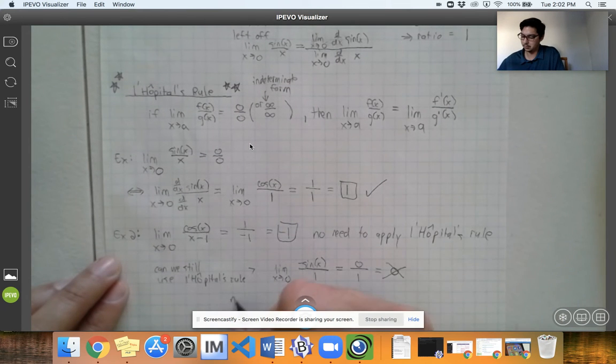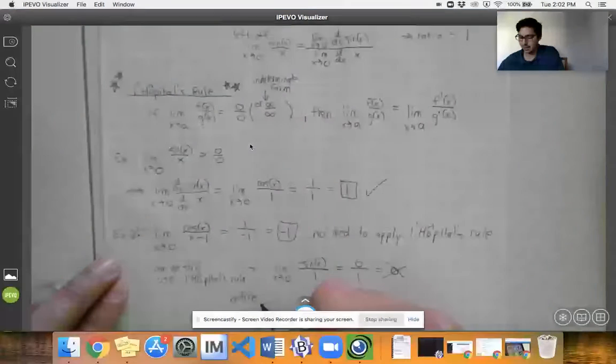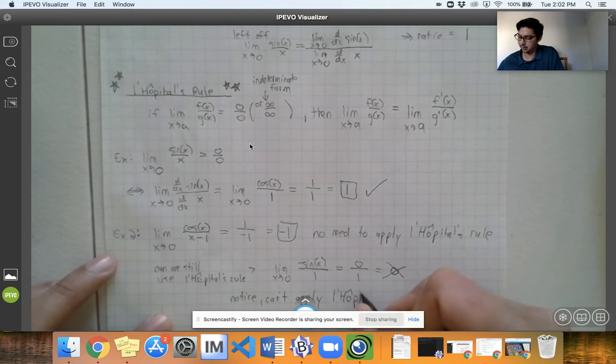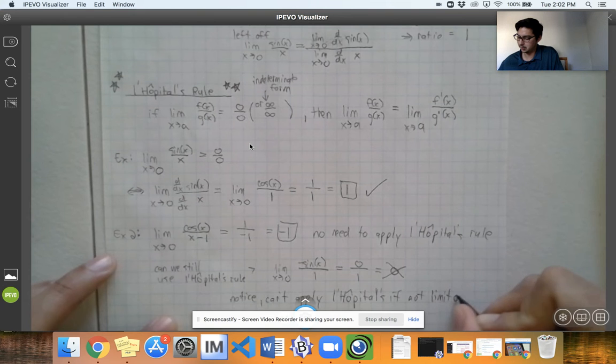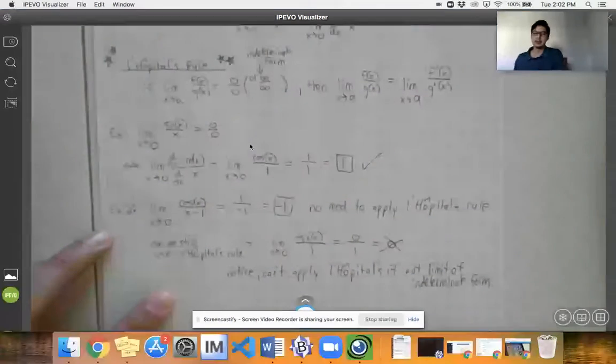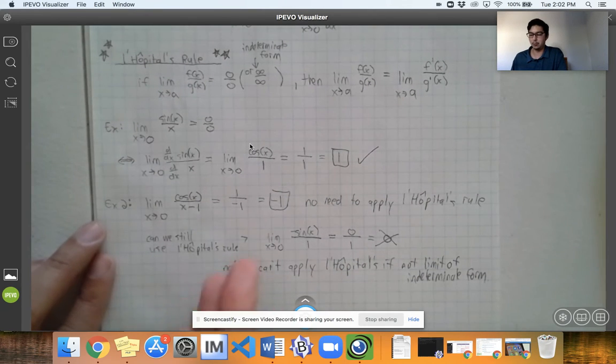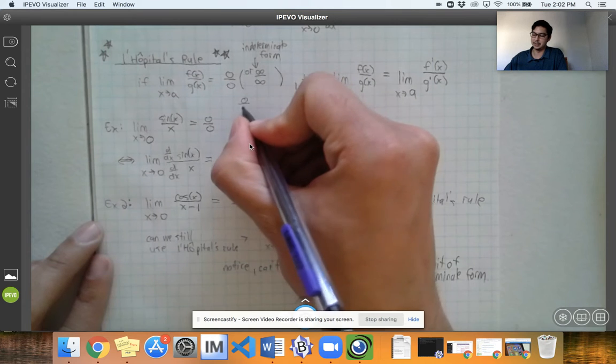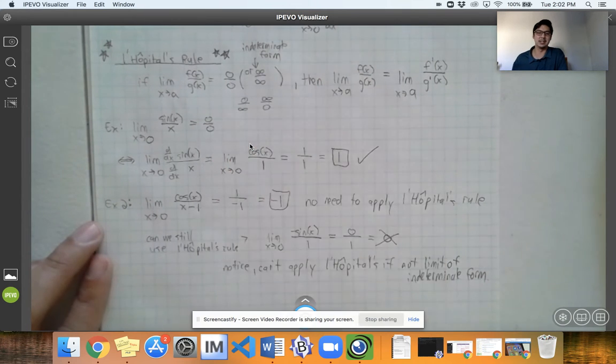So notice, you can't apply L'Hopital's if not a limit of an indeterminate form. So it only works if you get 0 over 0, infinity over infinity, or again, technically 0 times infinity or infinity minus infinity, but you won't see that too much in this class.